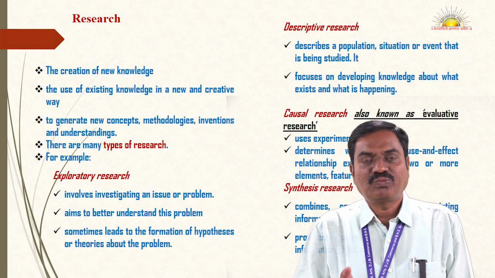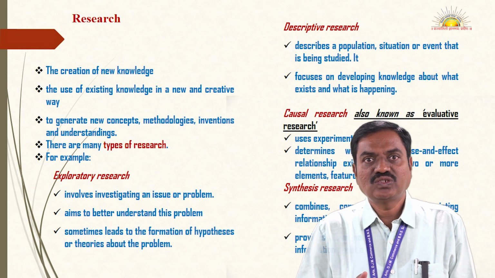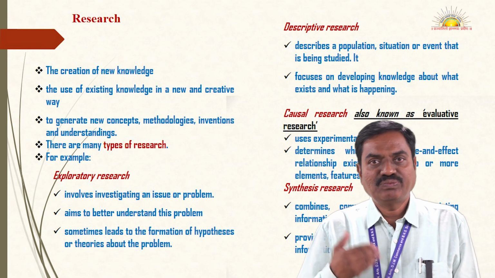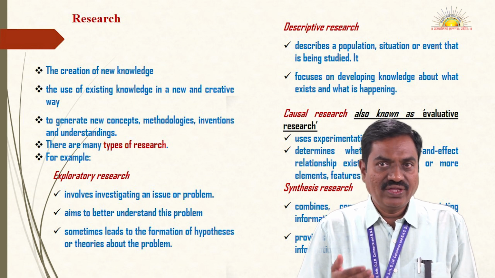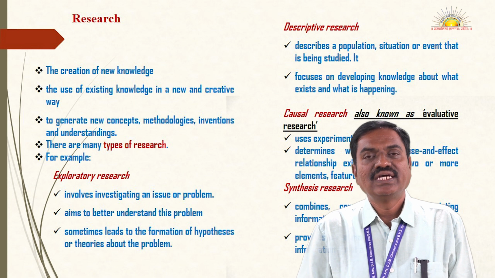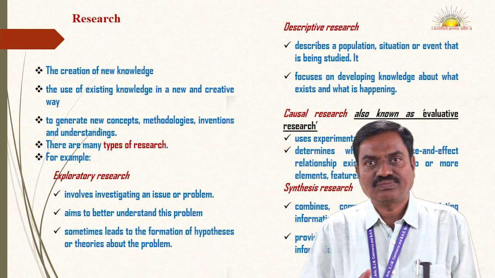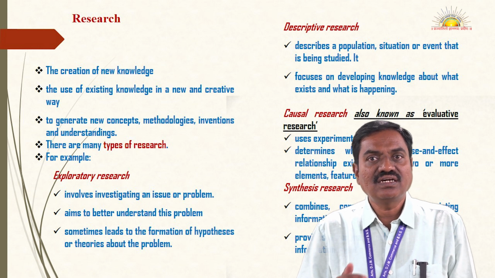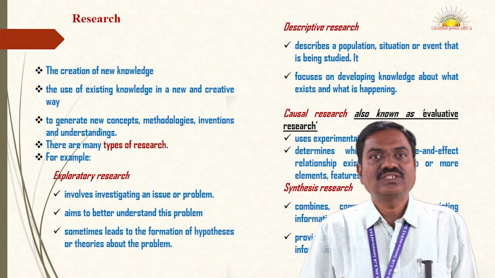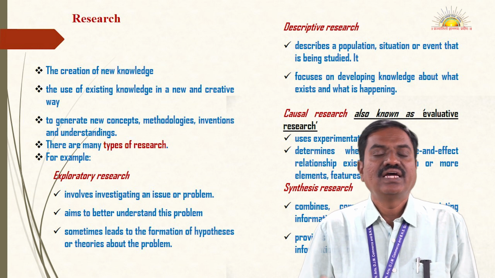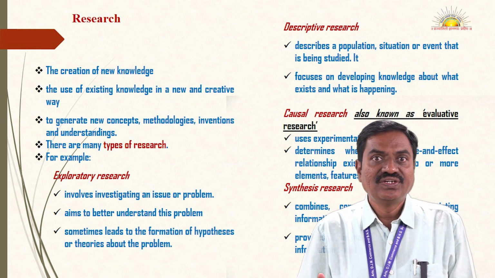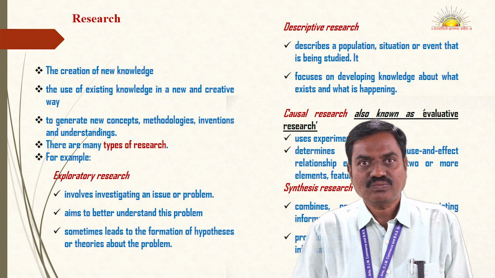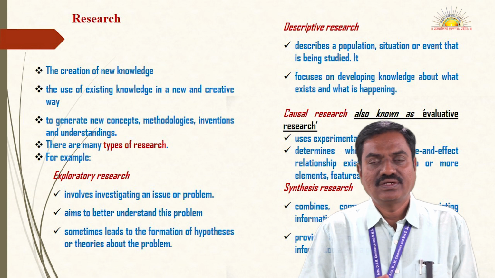The third type of research is causal research, which is also known as evaluative research, which uses experimentation to determine whether a cause and effect relationship exists between two or more elements, features, or factors. Synthesis research is another type of research which combines, compares, and links existing information to provide a summary or new insights or information about a given topic.